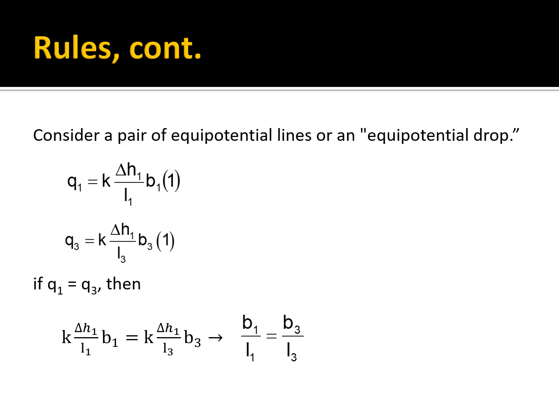So based on the concept that there's an equal equipotential drop for cells in the same drop, or for cells in the same flow channel, they have equal flow. Either way, we end up with this B to L ratio must be constant.